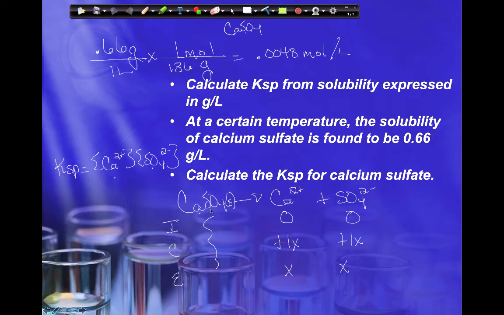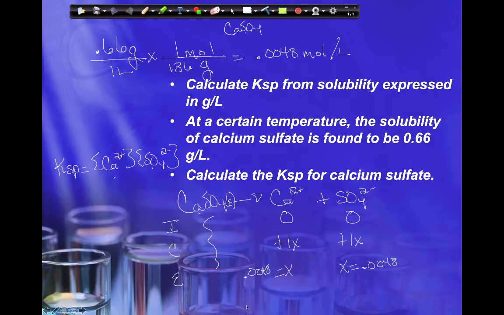So for every 1 liter of water, I will dissolve 0.0048 moles. So it's a 1-to-1 ratio. So that means it's going to be 0.0048, which is also equal to this.